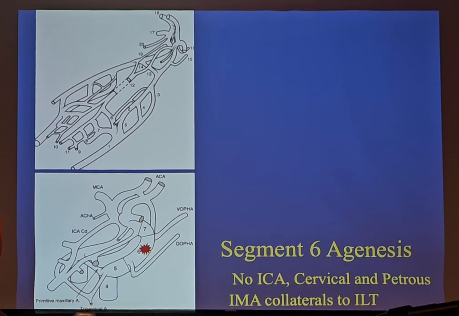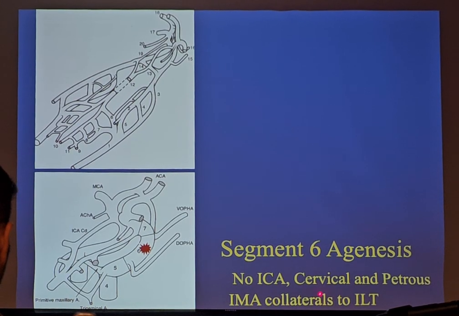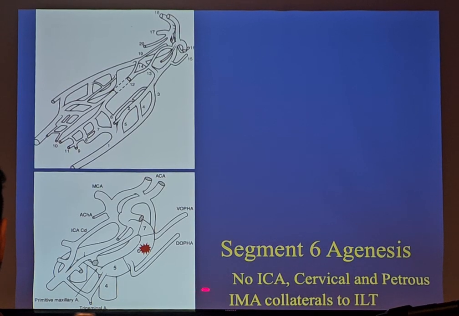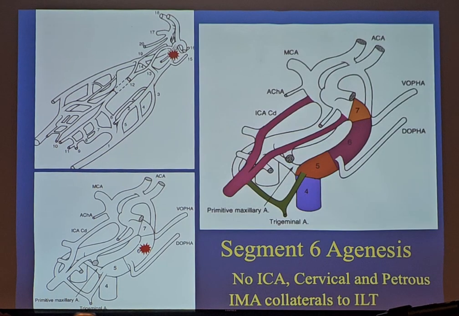Stage 6 agenesis. If stage 6 is agenetic, there's no internal carotid artery. Either the cavernous or distal internal carotid artery is reconstituted through the IMA or other collaterals to the inferolateral trunk or ophthalmic artery anastomosis. Okay?